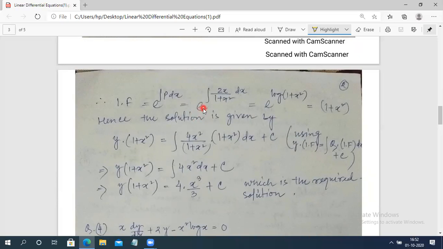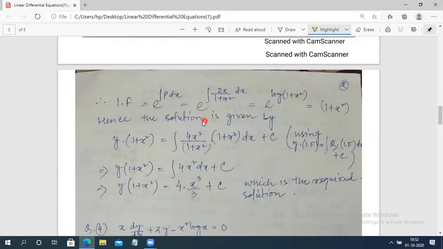When you find the value of the integration of 2x by 1 plus x square, this is nothing but log of 1 plus x square, and e raised to the power log of 1 plus x square means only 1 plus x square. Clear? So the integrating factor will be 1 plus x square only.